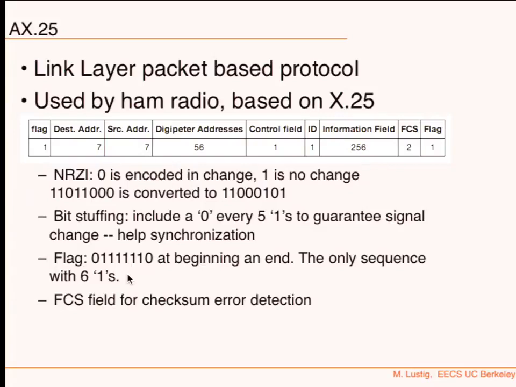This is how you can always distinguish between the flag and bits. A packet always starts with a flag and ends with a flag. That's the nice thing about this bit stuffing: in the packet there can never be more than 5 ones. But once you see 6 ones, then you know that the packet ended. That's how they implemented this.